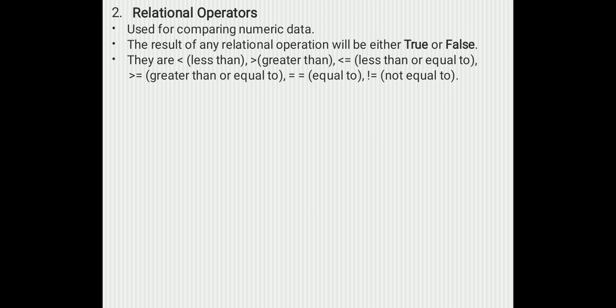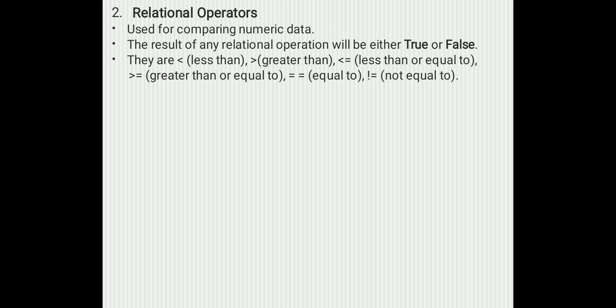The next operators are relational operators. A relational operator is a binary operator because it operates on 2 operands, and it is used to compare numeric data. The result of any relational operator will be either true or false.